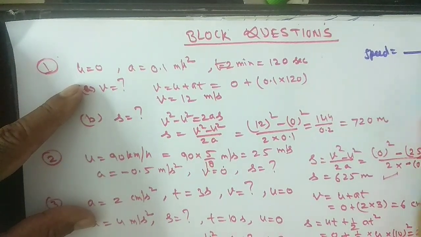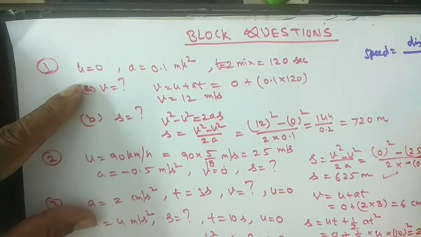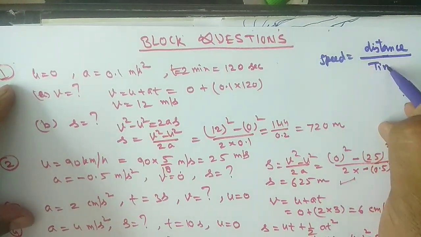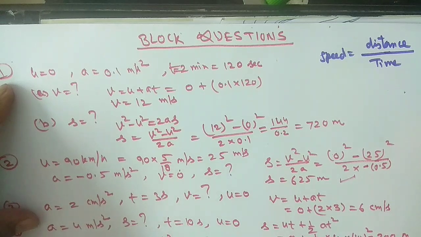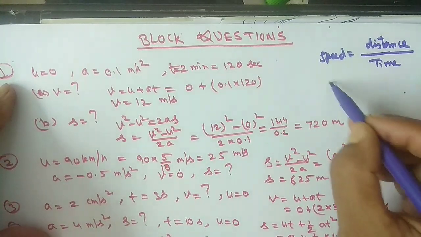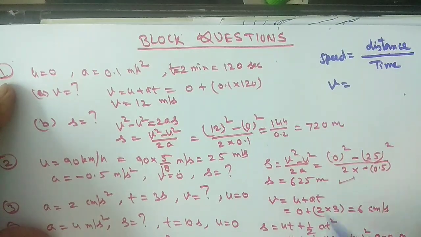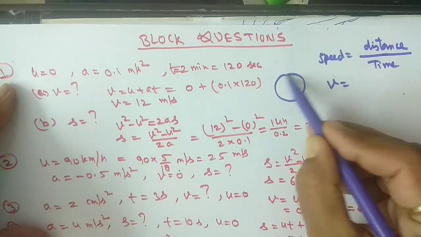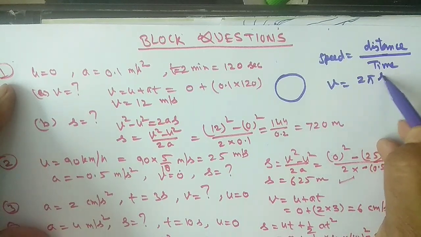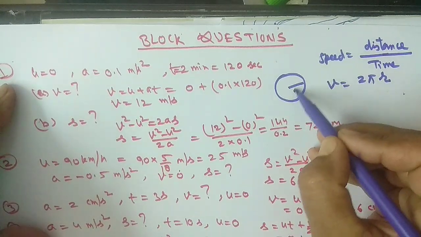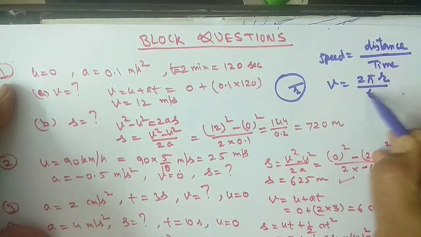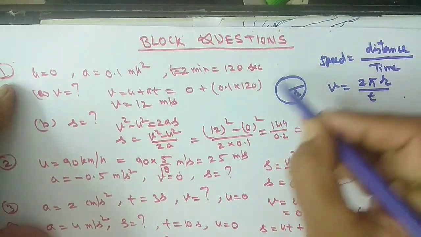So speed means it is the distance upon time. Or from here we can write v is equal to distance, for the circular path, distance of the full circular path is equal to 2 pi r, where r is the radius of the circular path, 2 pi r upon the time taken to complete one circular path.